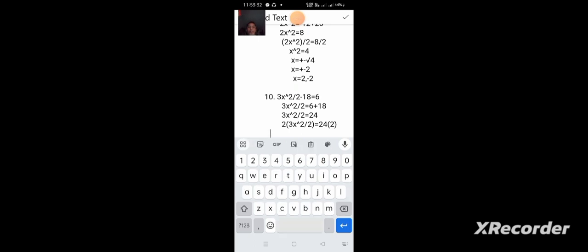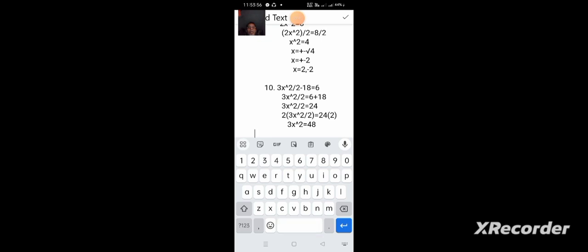Okay, cancelling out 2 on the left side of the equation, you will have 3x raised to 2 is equal to 24 times 2 is 48.